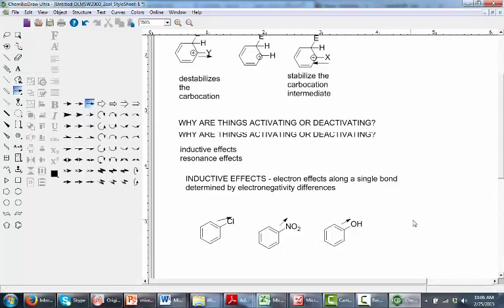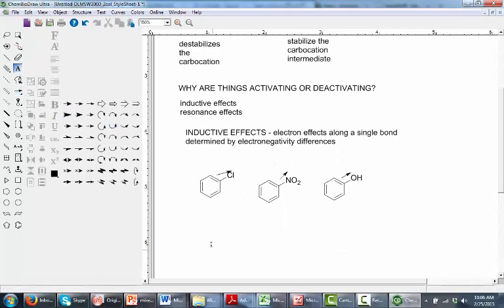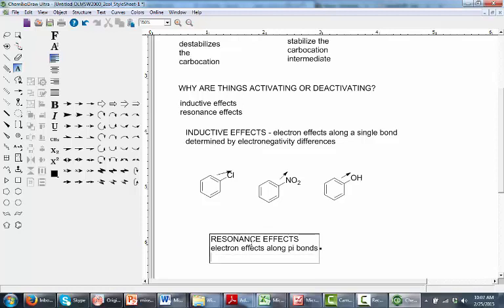So that's as far as inductive effects. The other effect in talking about activating and deactivating are what are called resonance effects, and those relate to the withdrawal or donating of electrons through pi bonds. So this is electron effects along pi bonds.